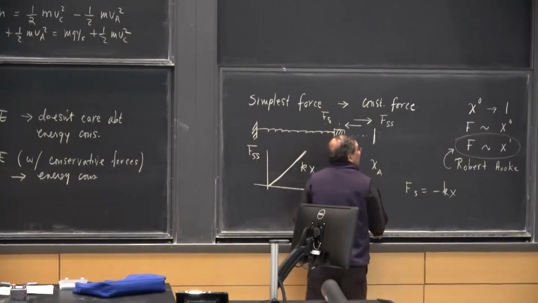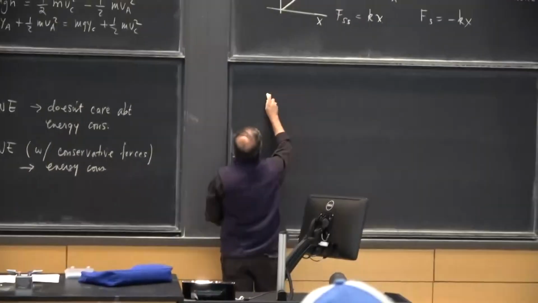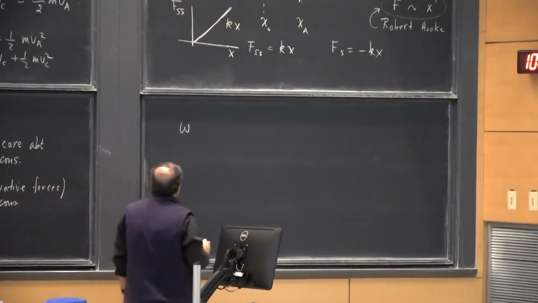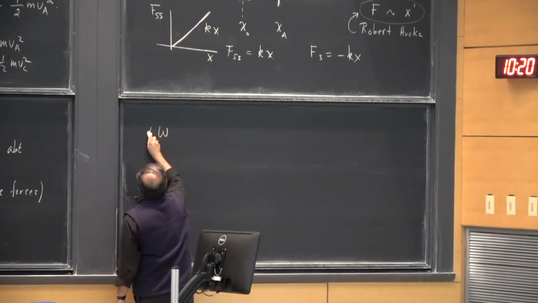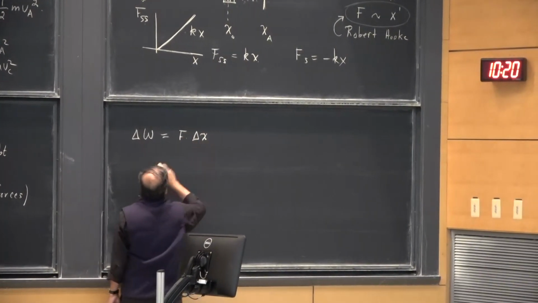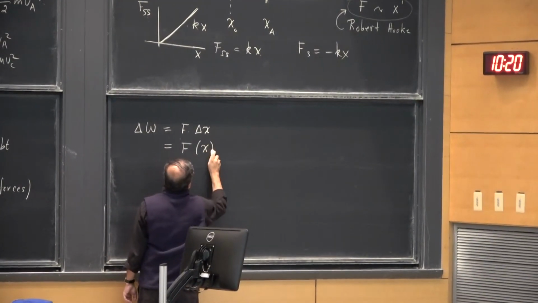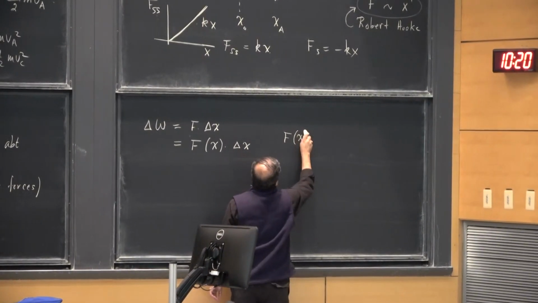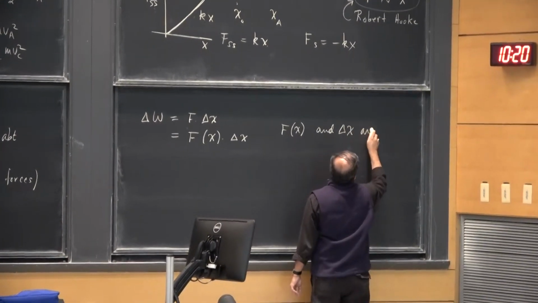There is something interesting I want you to learn now. I want you to figure out what is the work done as I pull this mass out. We know that delta W is F times delta x. In this case, since F depends upon x, I should be a little bit more careful and write F of x times delta x. I am assuming that F of x and delta x are parallel.